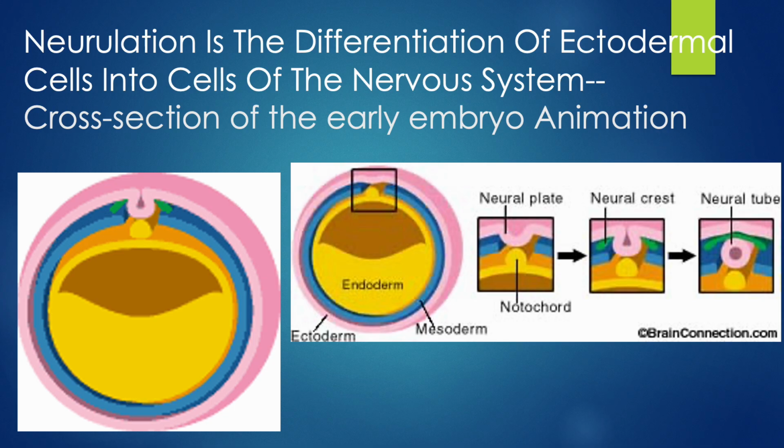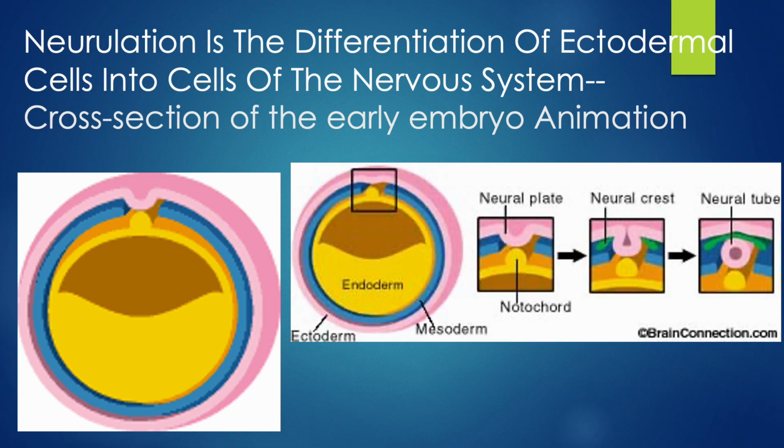Okay, so neurulation is the differentiation of ectodermal cells into the cells of the nervous system. I apologize. And this shows you the cross-section of an early embryo animation. So, it started out as a zygote, and we had some multiplication of some cells, and then ultimately we're starting to form specialized tissue.